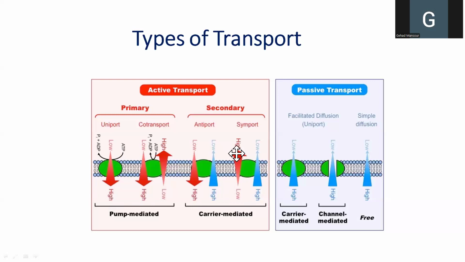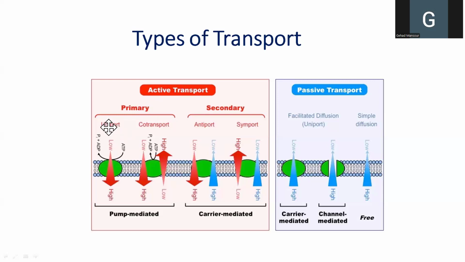It's not important whether the higher concentration is extracellular or intracellular, but what matters in active transport is to find out that the passage of particles is from lower concentration to higher concentration. So this is a common feature to all types of active transport. In primary active transport, we have two types of transport.